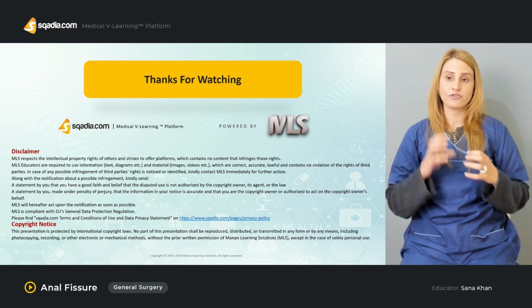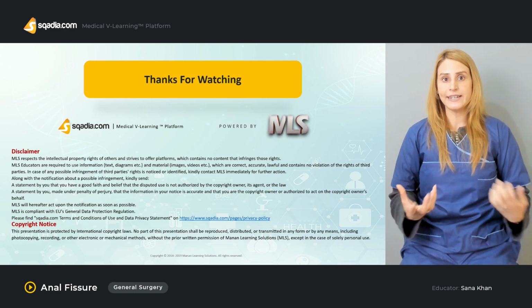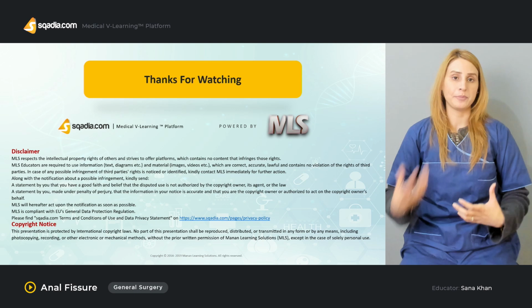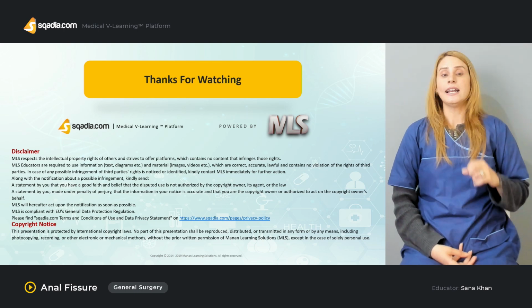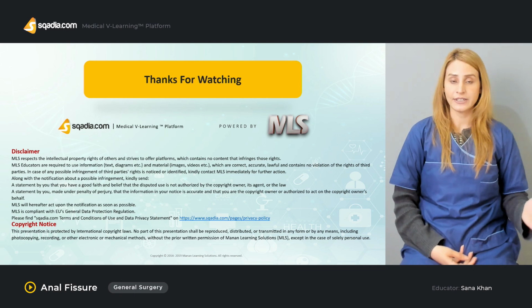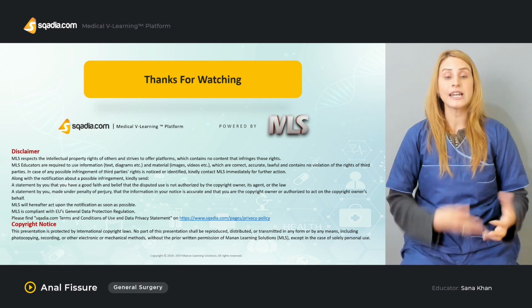Why? Because when you try to insert the anal dilator, you are going blindly, and you can injure the external and internal anal sphincter, and the patient will present with anal incontinence. Better is the lateral internal sphincterotomy, and there are two techniques used: the open and the closed technique.